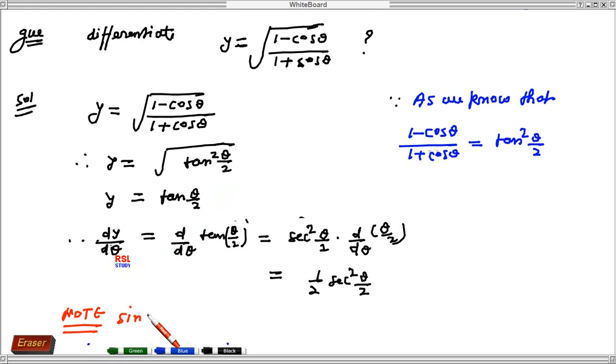So dy by d theta, and d/d theta of tan theta by 2. So finally we will differentiate to get sec square theta by 2 into d/d theta of theta by 2. We will also differentiate this part. So finally this will come as 1 by 2 times sec square theta by 2. So that is the final answer.